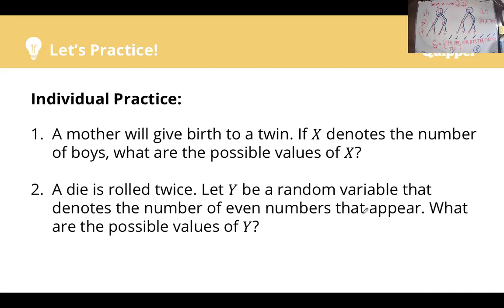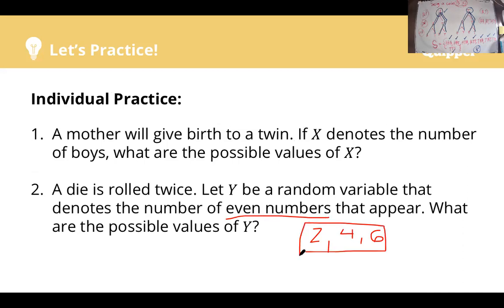A die is rolled twice. Let Y be a random variable that denotes the number of even numbers. Ito naman tayo sa even numbers. Ano even numbers? We have 2, 4, and then 6. Okay, so you will concentrate on these numbers later.